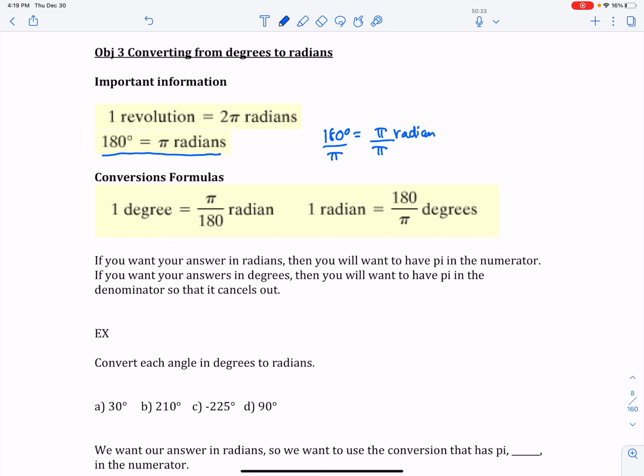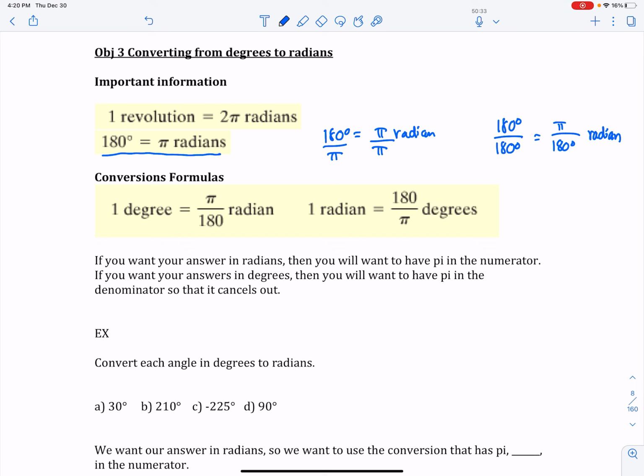So 1 radian is going to equal 180 over pi. We can go the other way around as well. If I want degrees, I just divide by 180. So I get pi over 180 radians equals 1 degree. Once again, 1 degree equals pi over 180 radians, and 1 radian equals 180 over pi degrees.